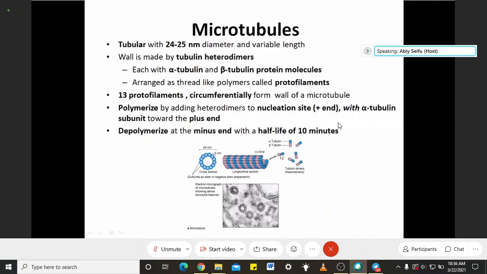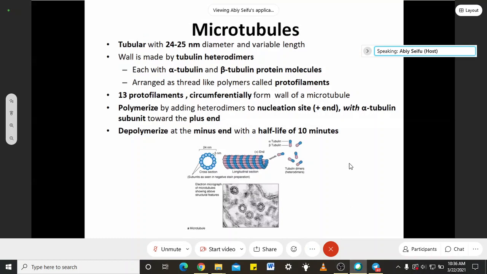Think of these two subunits like bricks, and each one of these has two parts. One is named alpha, the second one is beta subunits. They are all proteins.